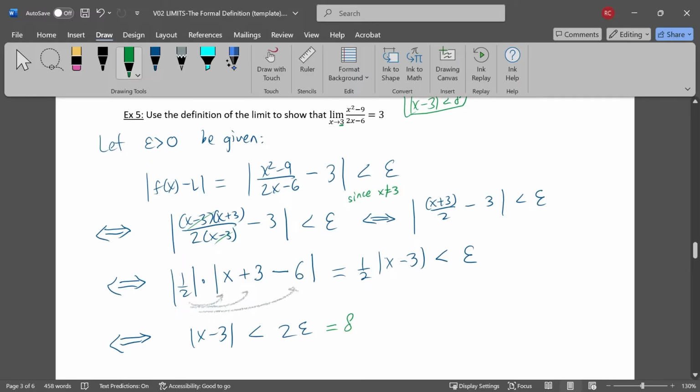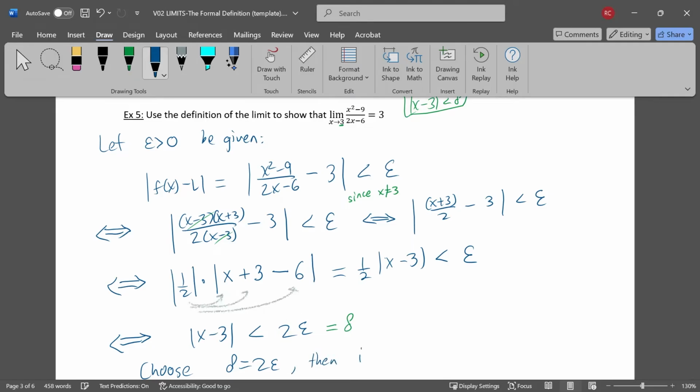Right? I've got the absolute value of x minus 3. The distance between x and 3 is less than delta. So we say choose delta equal to 2 epsilon.